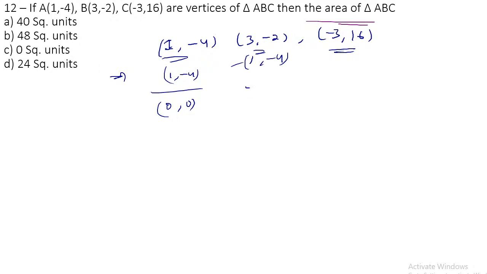So this becomes (0, 0). Subtract for the next point, we get (2, 2), and then -3 - 1 is -4, and this becomes 12. So we get the points (0, 0), (2, 2), and (-4, 12).